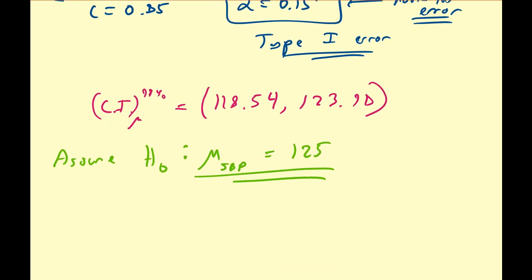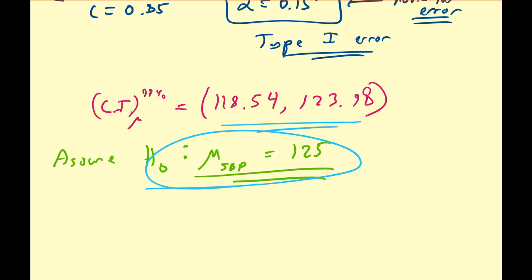If somebody claims that the mean blood pressure is 125, well, we already calculated a confidence interval and we're 98% confident that mu is going to be in here. So notice that this null hypothesis does not belong to this confidence interval. So we can be 98% confident that the null hypothesis is false.